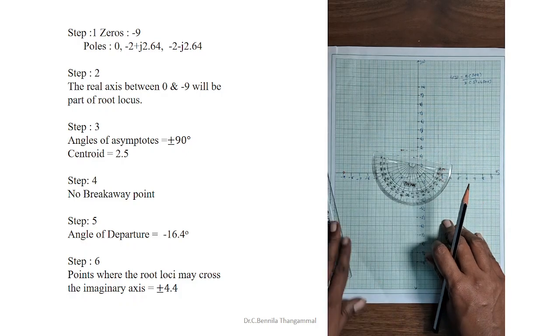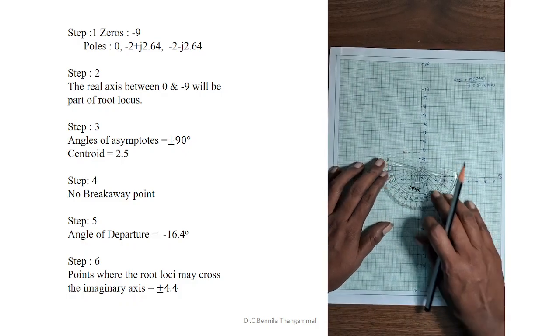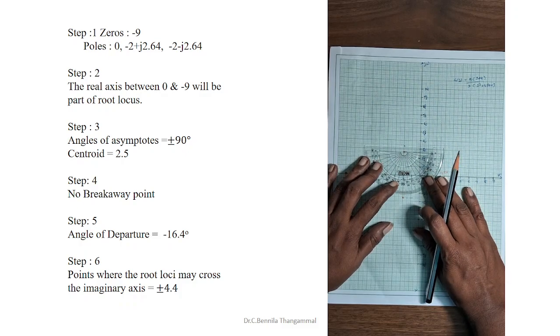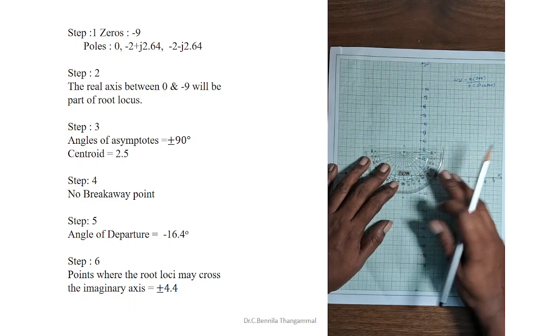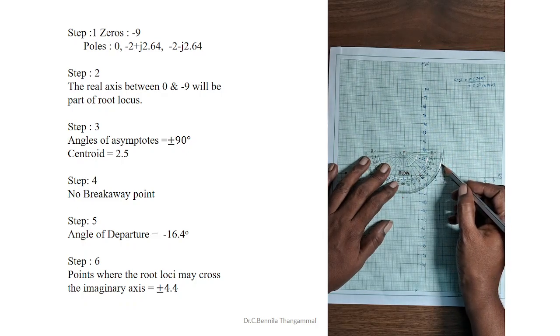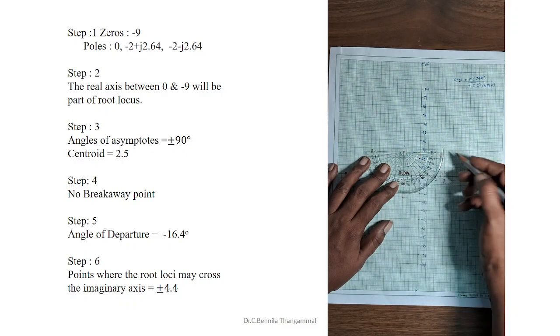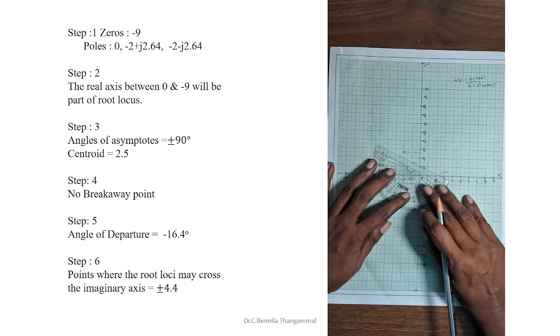Take your protractor and keep it at the complex pole, and mark 16.5 degrees, then connect.